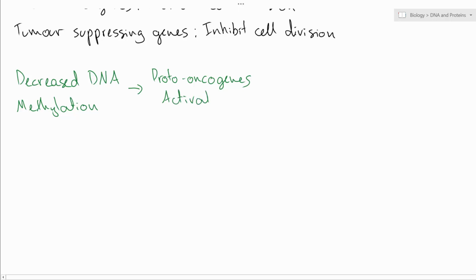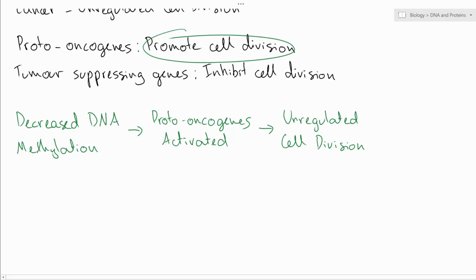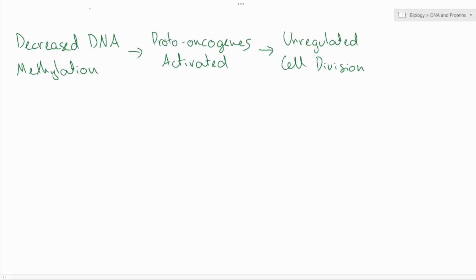They might be activated. If proto-oncogenes are activated, then that can lead to unregulated cell division, because proto-oncogenes promote cell division. So lower rates of DNA methylation in those proto-oncogenes would mean that they are being expressed. We don't want that to happen too much, otherwise they will promote too much cell division. It may end up being unregulated and uncontrolled.